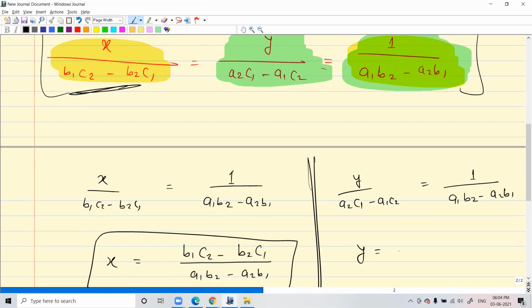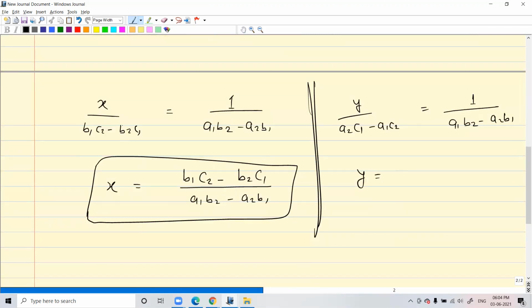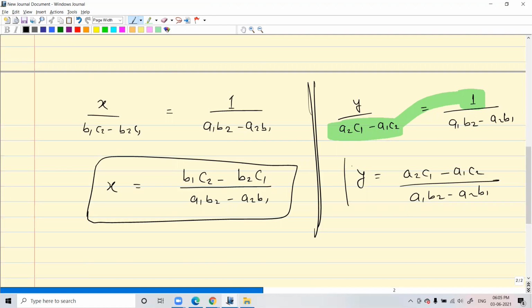So what will be the y formula, guys? This whole thing we'll send to the numerator. Cross multiplication. So y will be equal to (A2 C1 minus A1 C2) by (A1 B2 minus A2 B1). This is your formula for finding the y value.